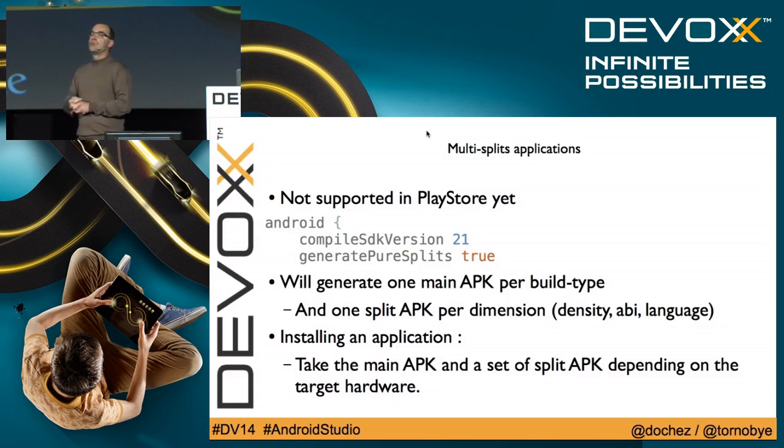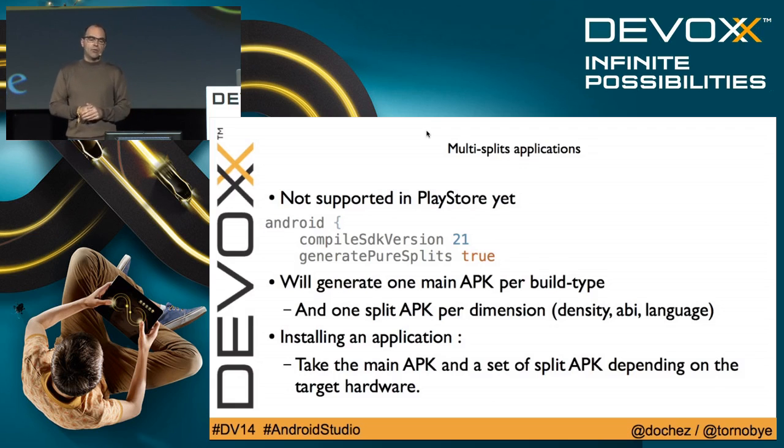Let me back up a little bit. In the past, we've had fat applications, right? You've got APKs that can support all possible densities and all possible hardware configurations, and that created really, really fat APKs where only a subset of a particular configuration would be used on a particular device.